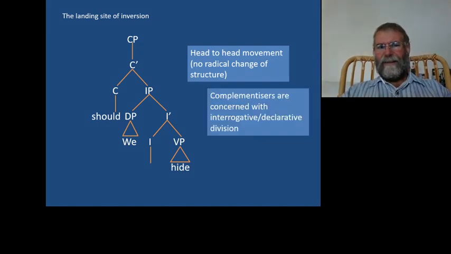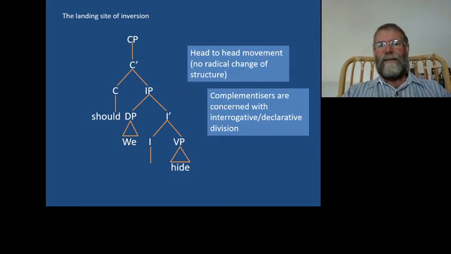Furthermore, it makes sense that an inversion, being a kind of interrogative type of sentence, should involve the complementizer and the complementizer phrase in general, because that's exactly what the complementizer's job is. Remember from last week, the complementizer is the thing responsible for determining the difference between interrogative and declarative clauses.